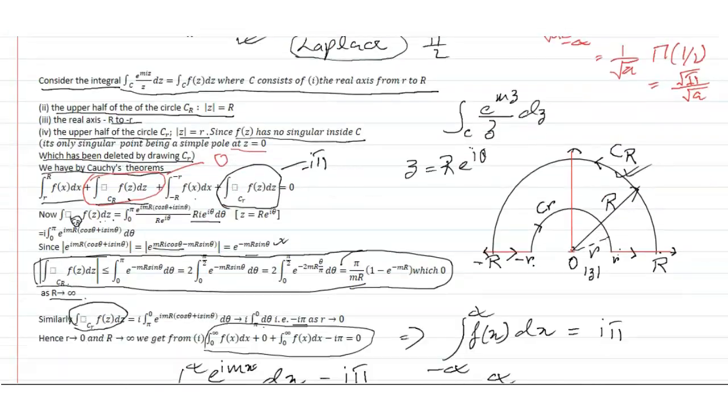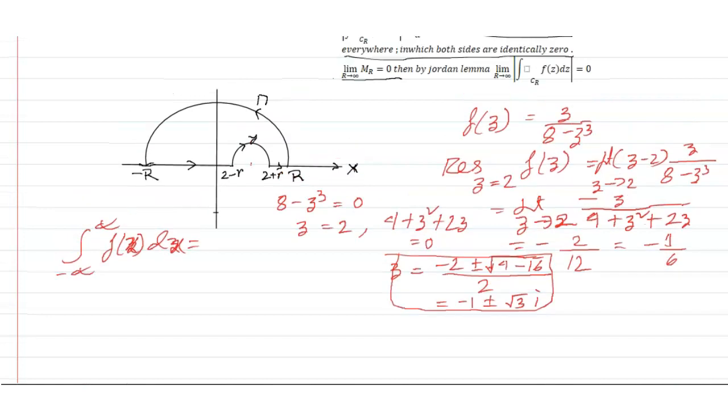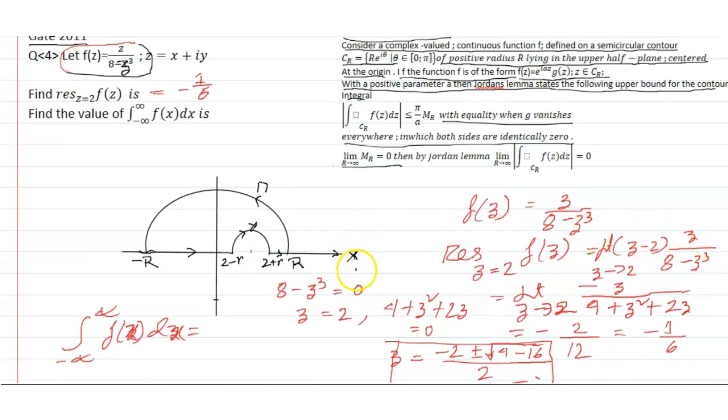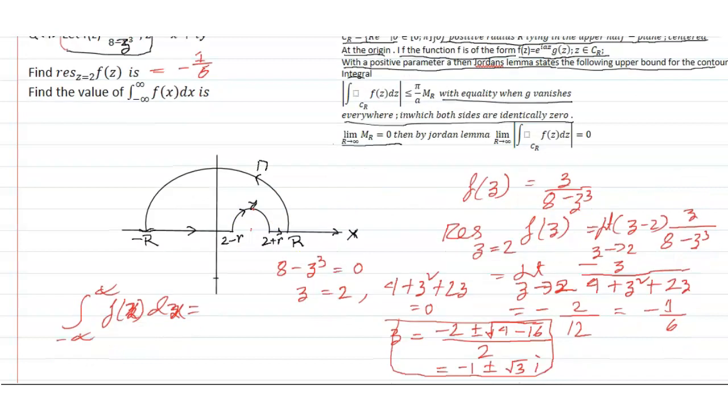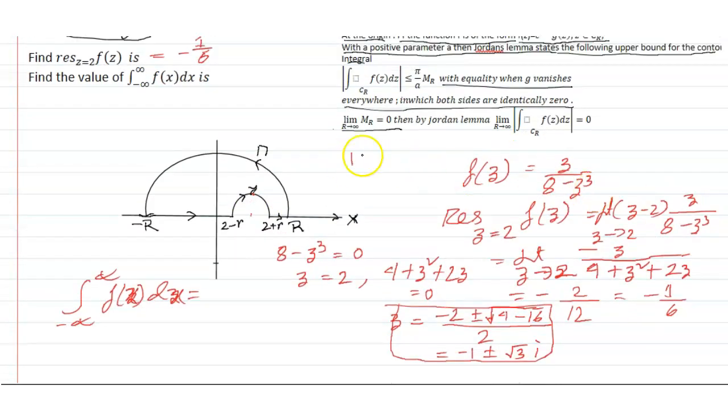And here the singular point is z equals to 2, so this is the singular point. 1 plus root 3i is the singular point.